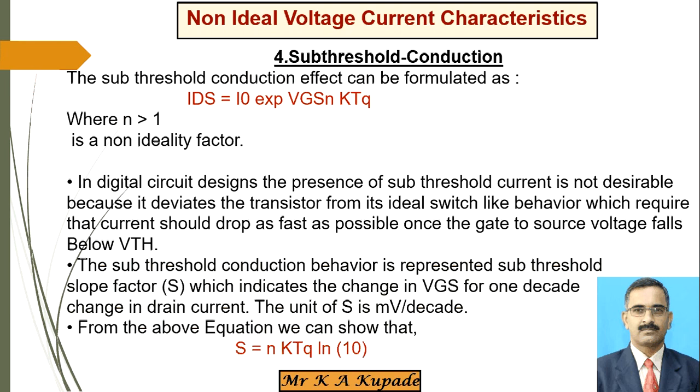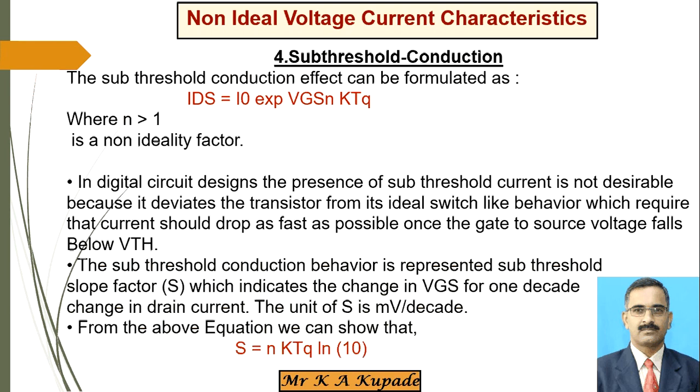In digital circuit designs, the presence of sub-threshold current is not desirable because it deviates the transistor from its ideal switch-like behavior, which requires that current should drop as fast as possible once the gate-to-source voltage falls below VTH. Whenever VGS drops below VTH, at that time current should drop. This is the one thing.